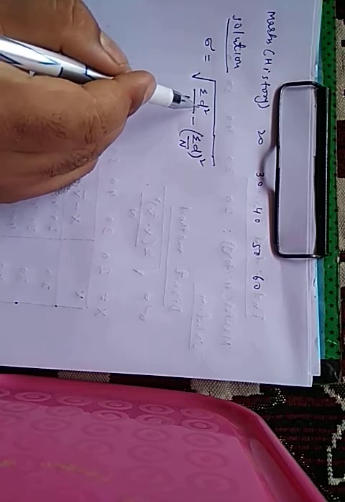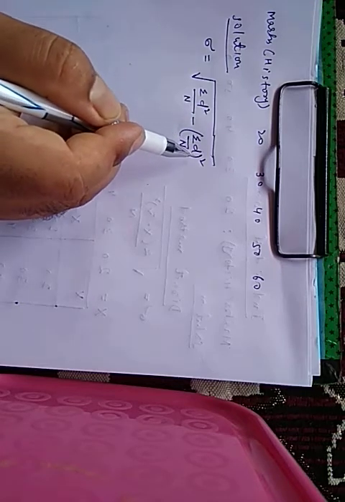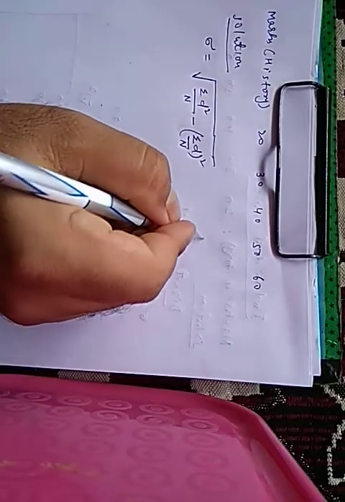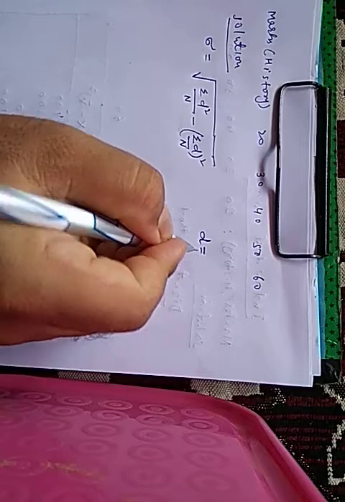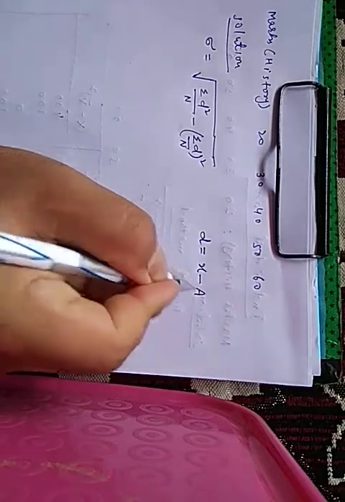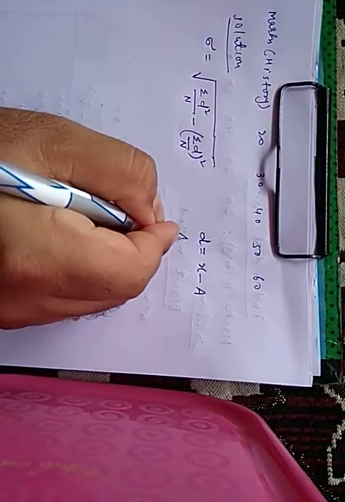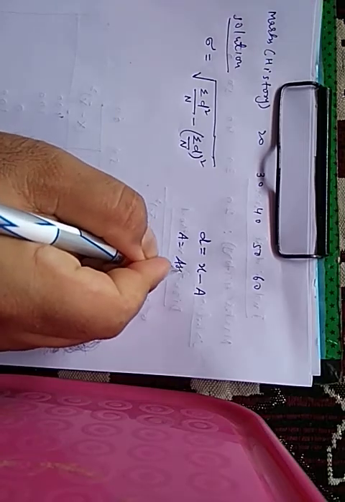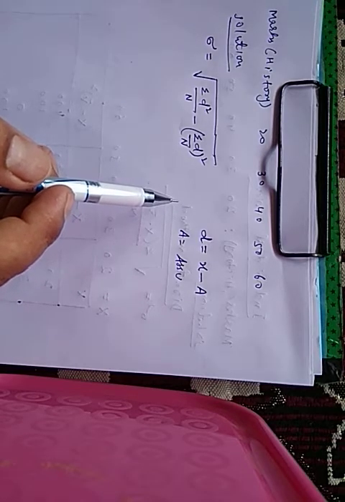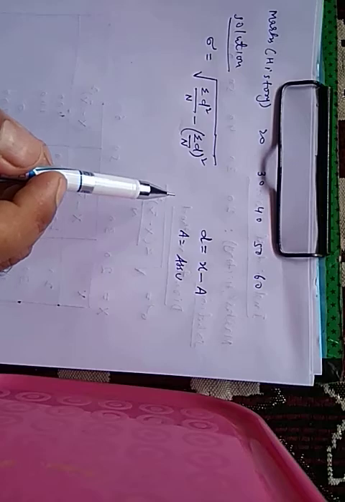The formula is sigma d square divided by n minus whole square of sigma d divided by n, where d means deviation, it is equal to x minus a, where a is assumed mean, as you know, because we have already learned these concepts, these terms in case of arithmetic mean.